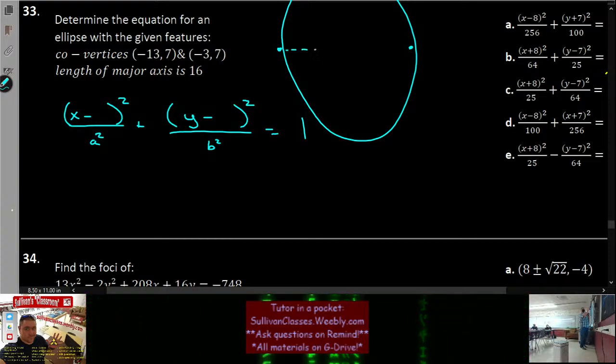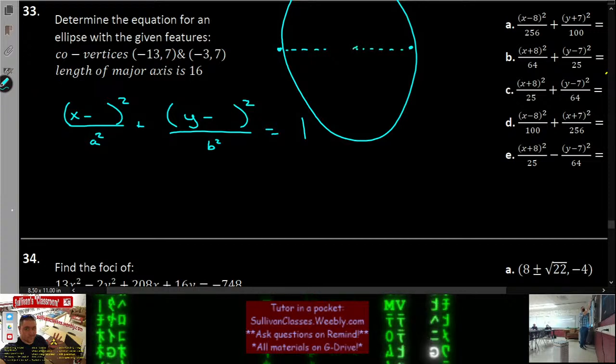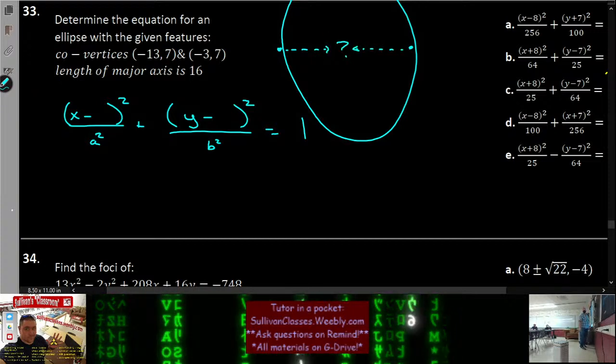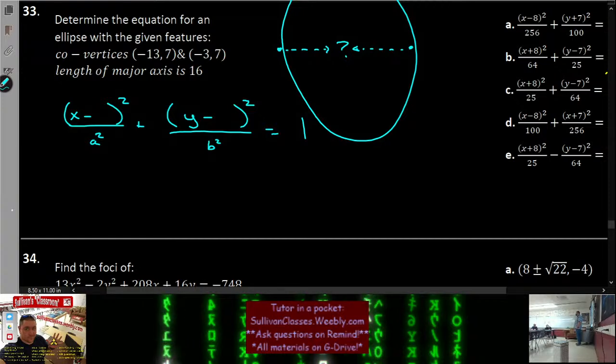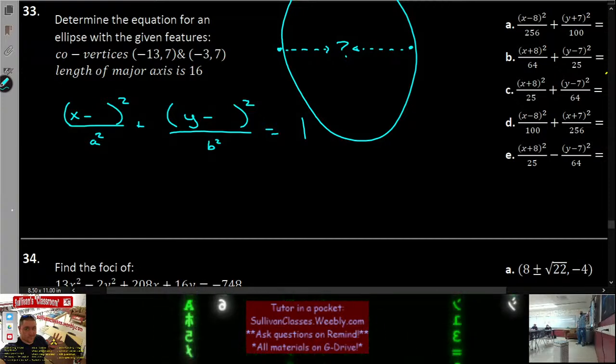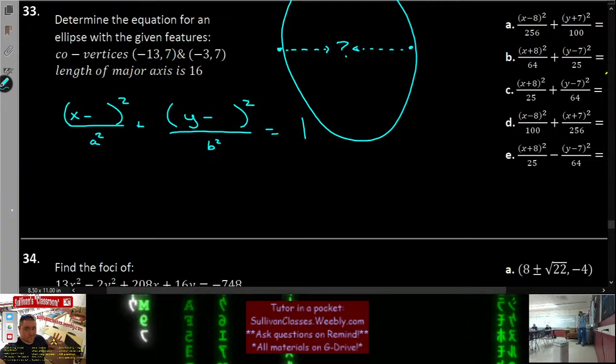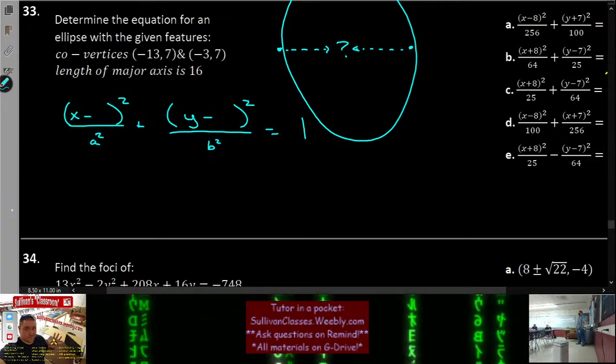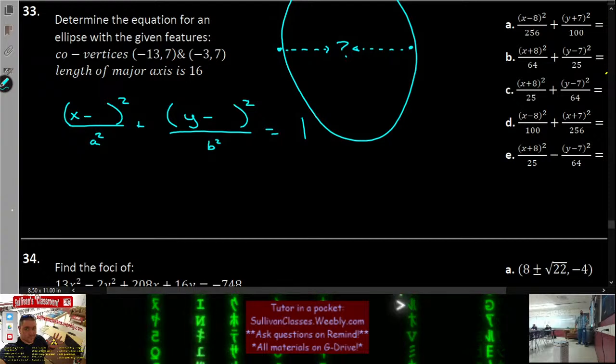Also, what's always halfway in between those co-vertices? Center. So, jam a midpoint formula on that. What's halfway between -13 and -3? -8.